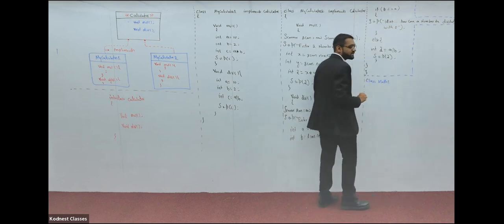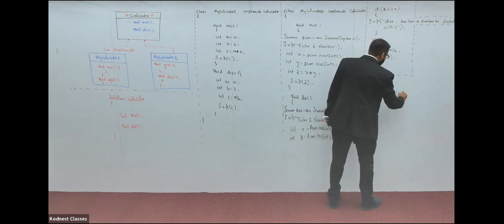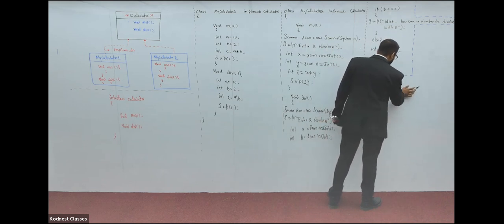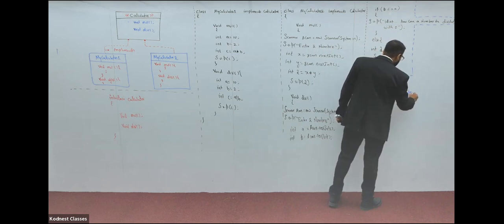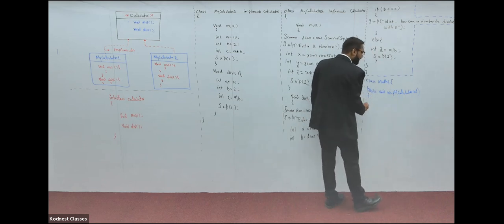Inside the Maths class, I would write one method which is public void accept, which would accept what now? Very good. Calculator type reference ref. What is Calculator?